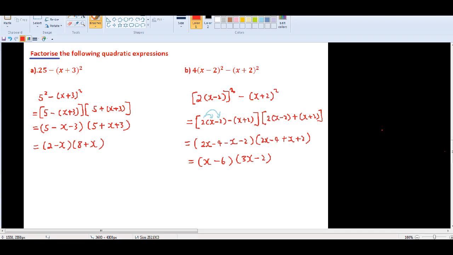But of course, you need to be careful about the brackets, and sometimes if you've already got brackets, you possibly need to add an extra bracket outside. And also when you remove the bracket after you've done the factorization, you need to change the sign if there's a minus sign outside of the inner bracket.